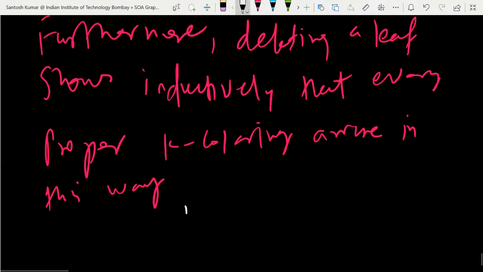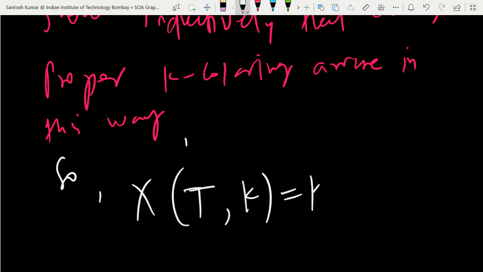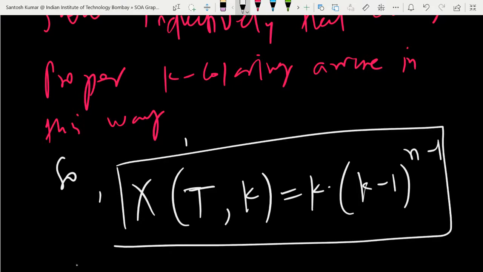So simply you can conclude that the number of proper colorings of a tree T with k available colors is going to be k into k minus 1 raised to power n minus 1. Okay, so this you have to remember.